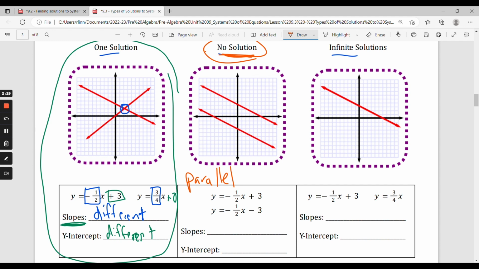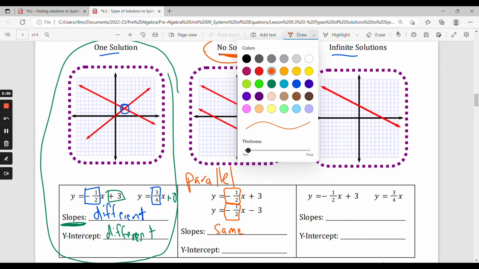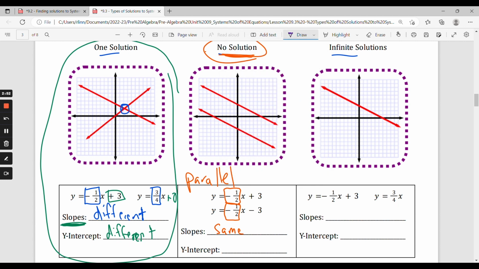If we were to describe these two lines by looking at our two equations, we've got our slopes. This one has a slope of -1/2. This one has a slope of -1/2. So we wouldn't say that these are different; these slopes are the same slope. Now, our y-intercepts, however: one of them is +3, one of them is -3.